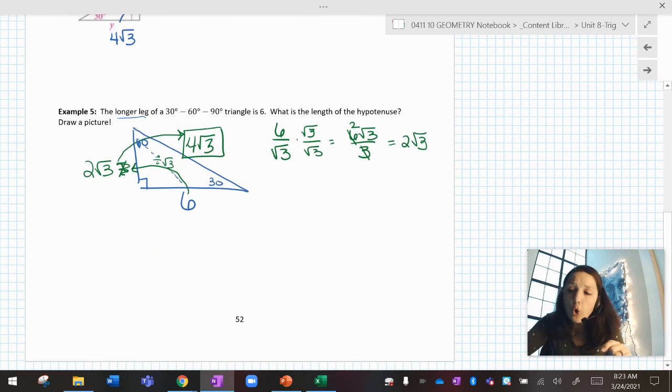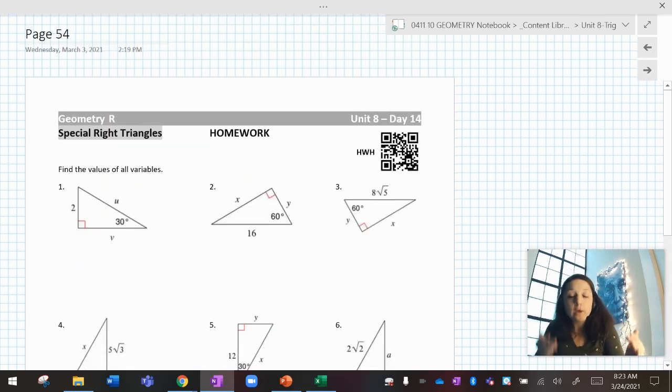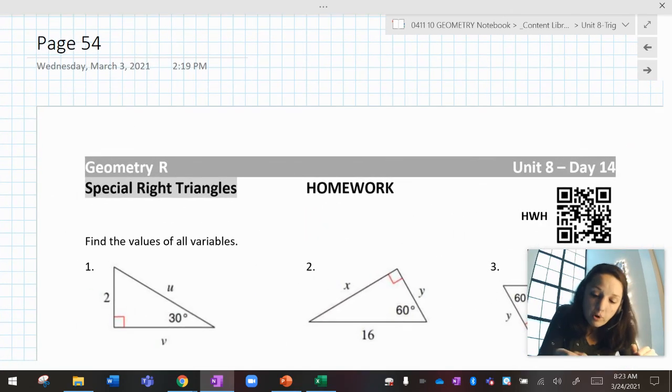Okay, it's all based on patterns. So when you do your homework, you're going to decide is it a 30, 60, 90 or a 45, 45, 90? And then you're either going to do side, side, side times root 2 or little side times root 3 and double. One thing I want you to write at the top of your homework is just a reminder picture.